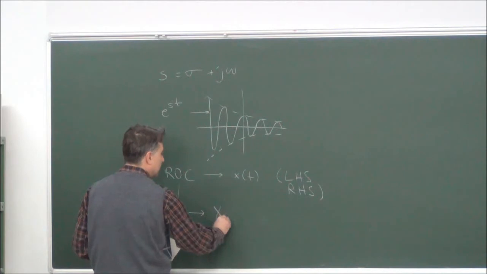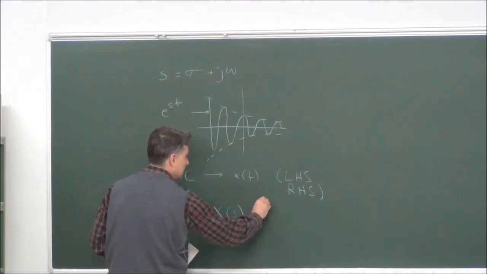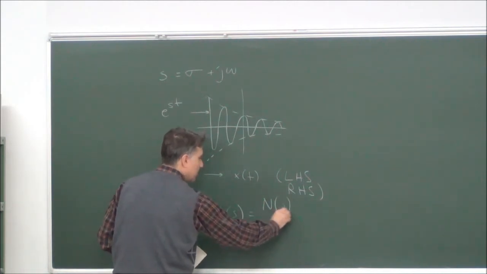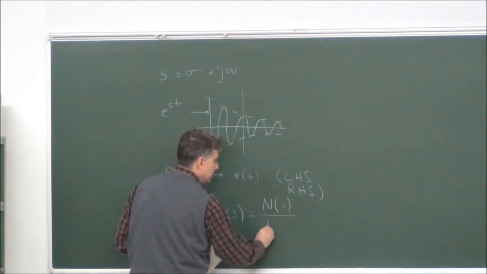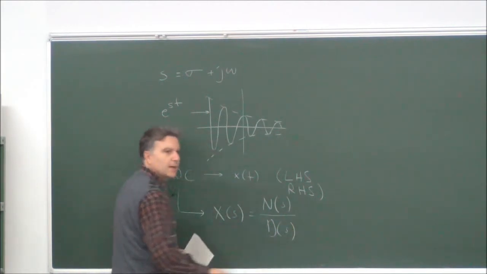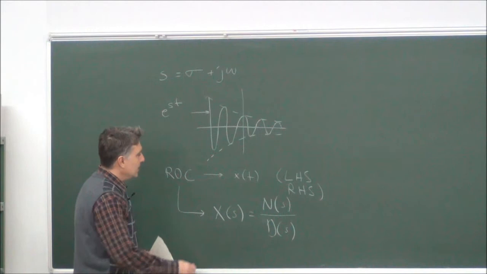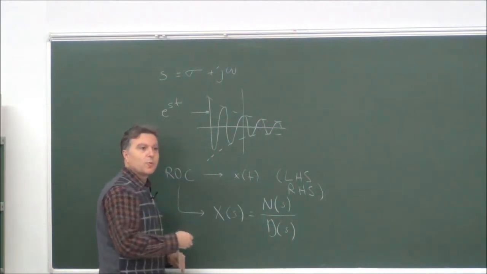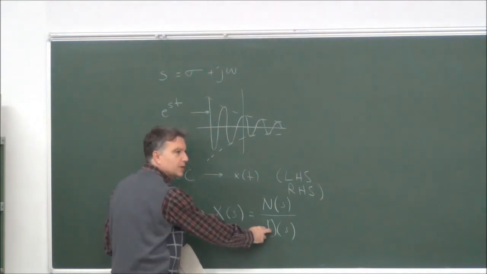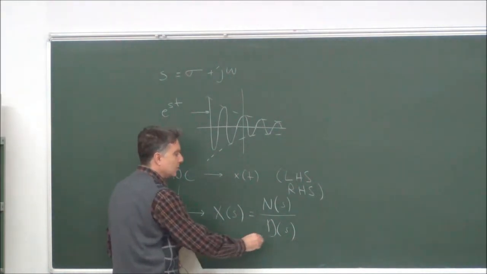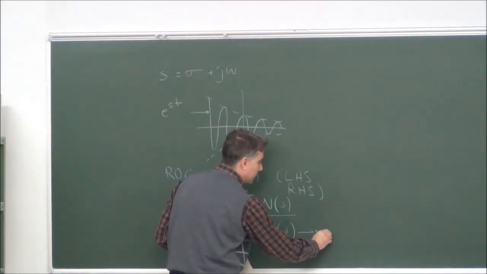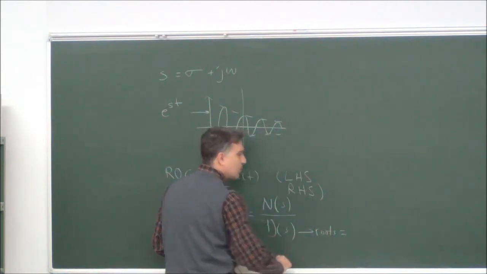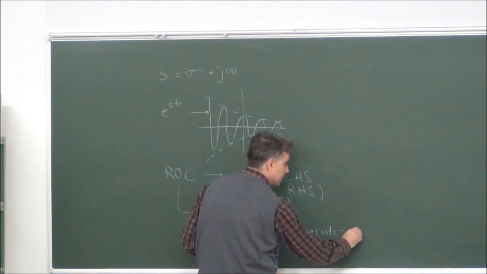Let's denote x of s as the numerator of s polynomial divided by the denominator of s polynomial. We said that the region of convergence is determined or bounded by the roots of the denominator, which are also called the poles.